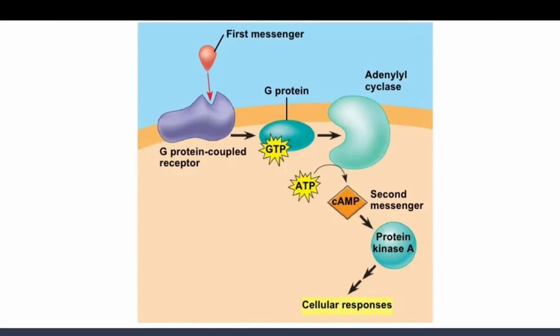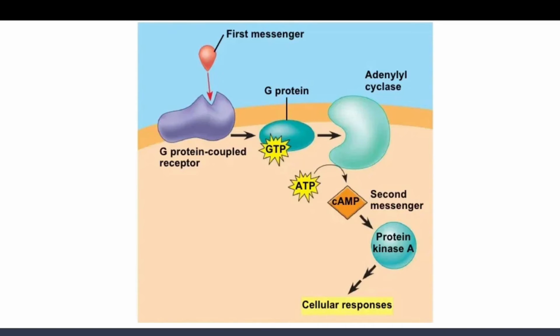G proteins activate and open membrane-bound enzymes and channels, and they affect enzymes at the cell membrane, having more cascading effects. The more common enzymes that are activated by G proteins are adenylate cyclase and phospholipase C, which are activated by different types of G protein coupled receptors. When adenylate cyclase is activated, it catalyzes the conversion of ATP into cyclic AMP, which is needed to carry the message into the cell.